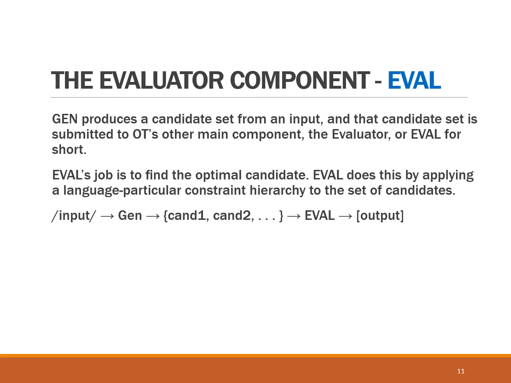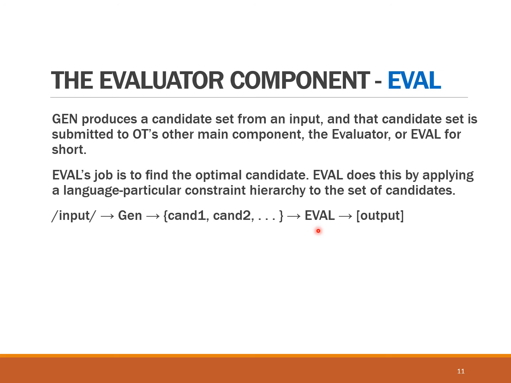Eval does this by applying a language-particular constraint hierarchy to the set of candidates. So this is the modified structure. Earlier, you had seen this particular thing. Now we have another component coming into the picture. After the input is supplied to Gen and Gen generates the candidate set, those candidates are supplied to the Eval component for evaluation purposes.